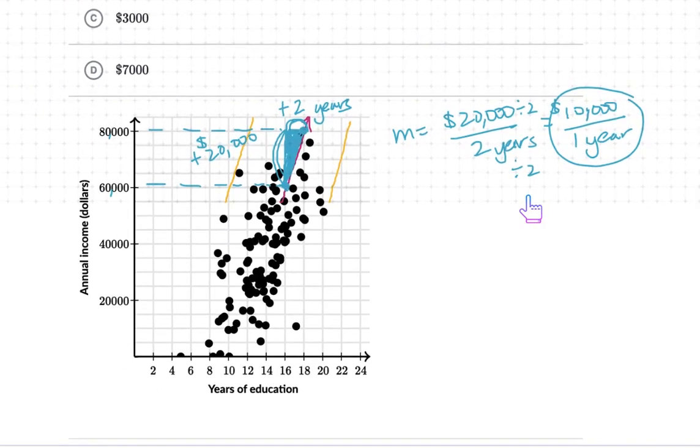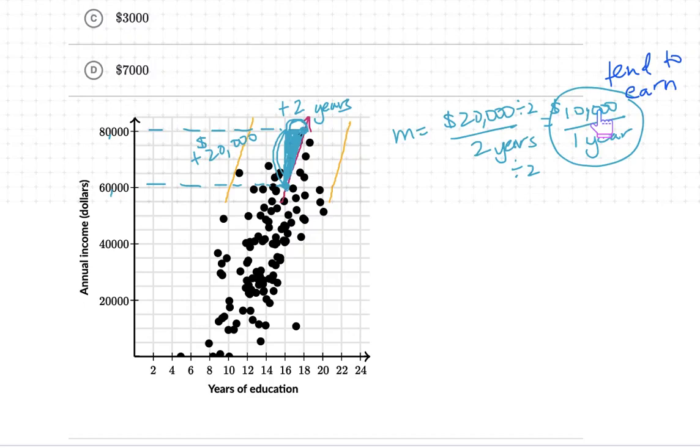So what this information is telling us is that according to their studies, for each additional year of education that you get or attain, you will tend to, because remember I'm using careful language, you tend to earn an additional $10,000 for the extra year of schooling that you went through.